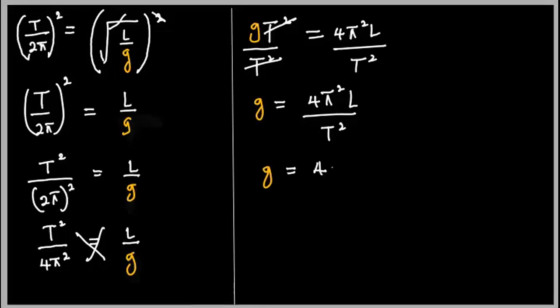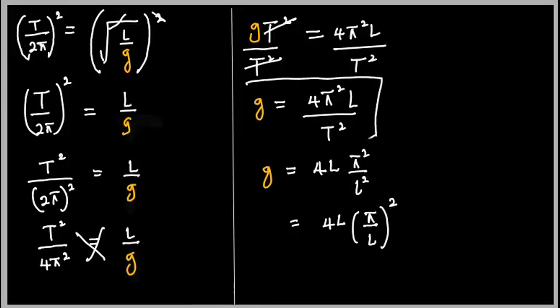I will have 4 L and then pi squared over L squared, which can still be written as 4L. Since these two have a square in common, I can factorize and I have pi L over L all squared, like the law of indices. But if you don't understand this, just use the first answer you got.